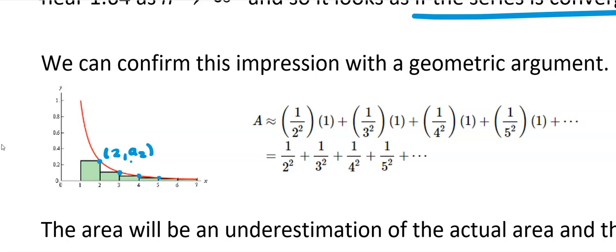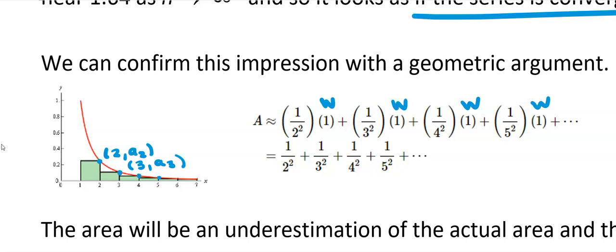This second point would be at the n value 3, and so forth. So what's happening here is we're creating a geometric representation by relating this to area under the curve. And we're doing so by creating these rectangles again. Each of these rectangles has a width of 1, which is right here. So each of these 1s represent the width of the rectangles.